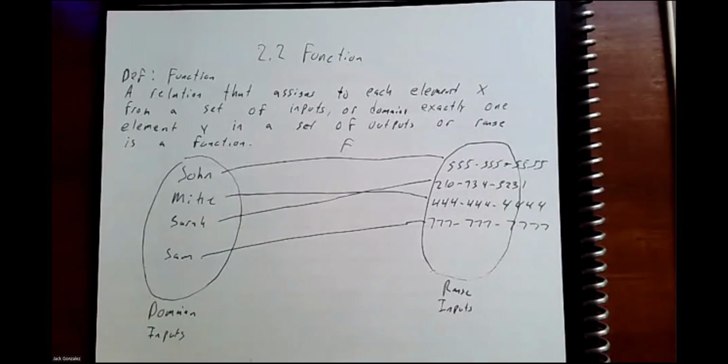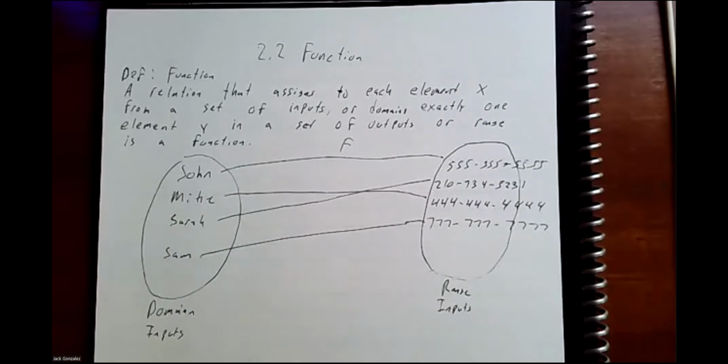I have a question. What's up? If Sam has two phone numbers, is everything dismissed, or only Sam is not part of the function?